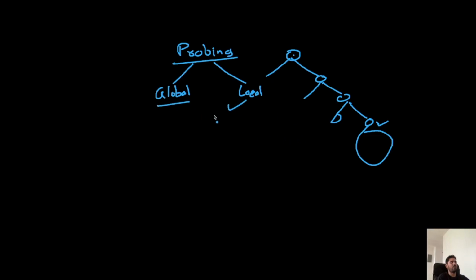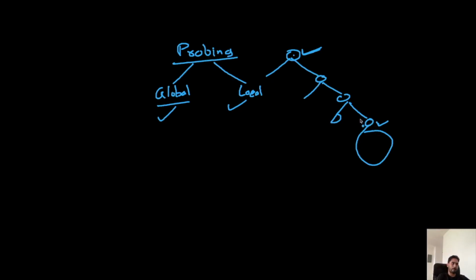And for the global probing, we can still do probing at this node, but we do not look at this bound. Instead, we look at the bounds that are over here, right? So at the global bounds. If we do it that way, then it's called global probing, right? So it's basically a continuation of the root node probing that we stopped over here, and we are still continuing, but probably we'll have some more information as well.